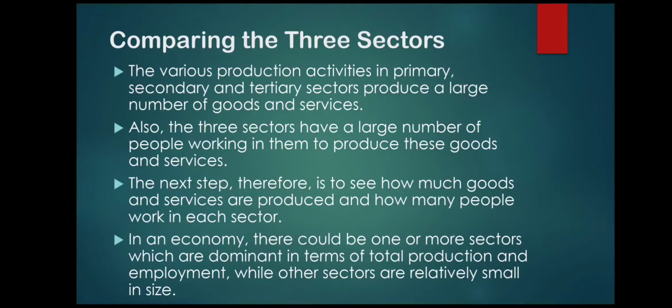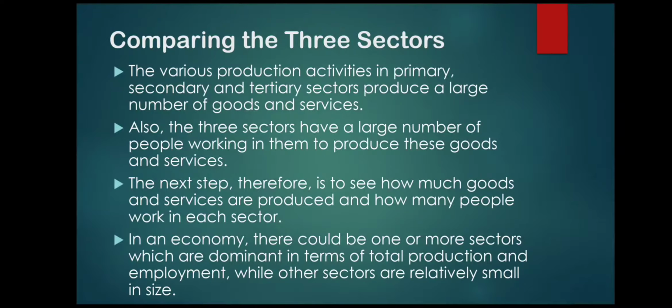The next step, therefore, is to see how much goods and services are produced and how many people work in each sector. So now the next step is to calculate how much goods and services are being produced and how much amount of employment is being generated.